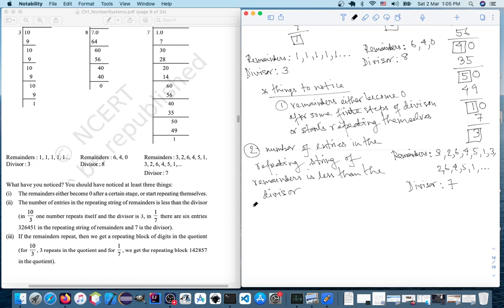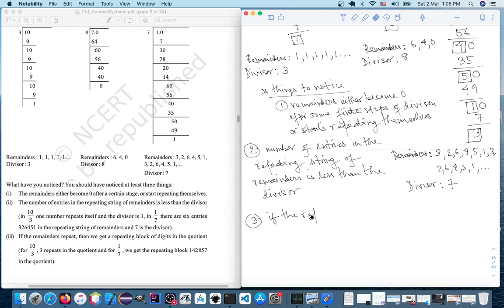Now the third point to notice here says: if the remainders repeat, when the long division method doesn't end, we never get a remainder 0, and the remainders are repeating, then we get a repeating block of digits in the quotient also. So this is very important.